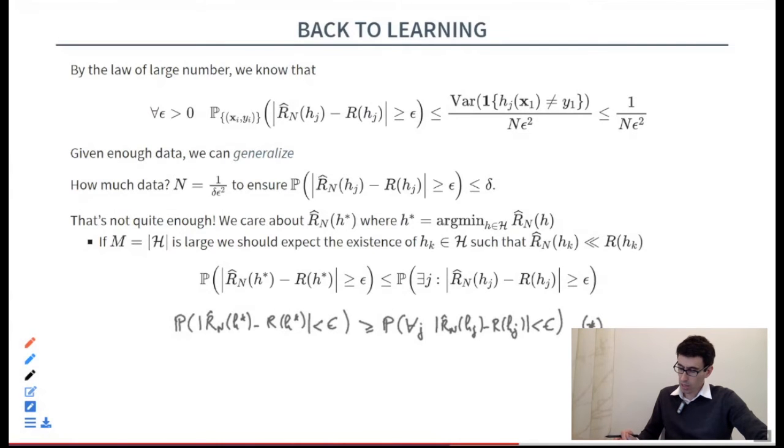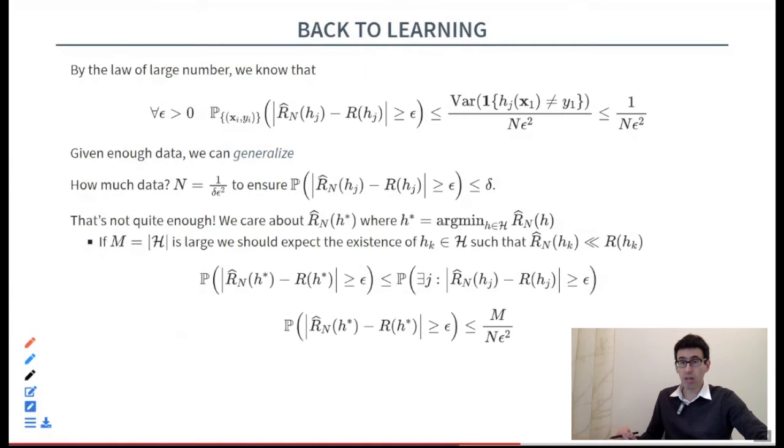All right. So what? We would still very much like to get a bound on the left-hand side, because that's the probabilistic statement about our ability to generalize the hypothesis H star that we find by empirical risk minimization.